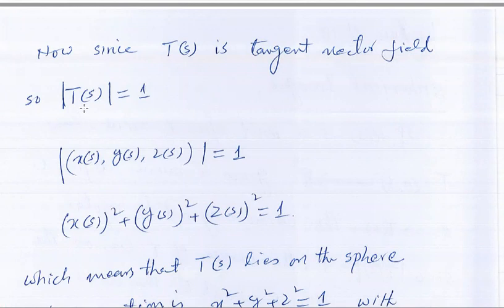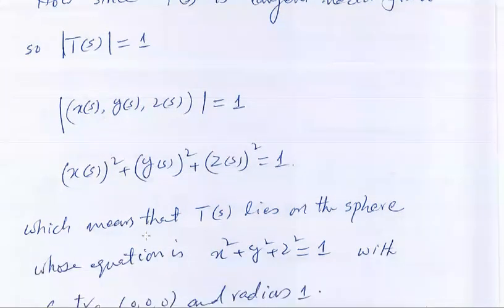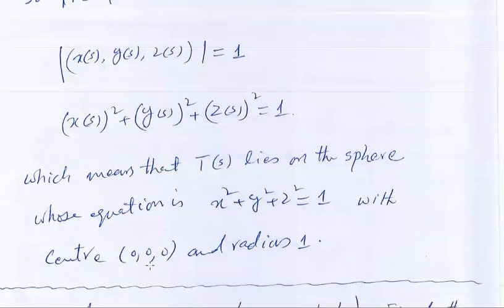This will be expressed in this way: x of s square plus y of s square plus z of s square is equal to 1, which means that T of s lies on a sphere whose equation is x square plus y square plus z square is equal to 1 with center 0 and radius 1.